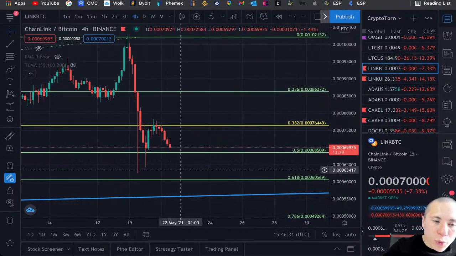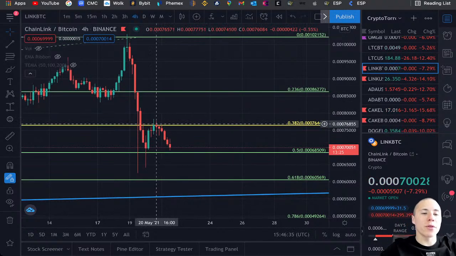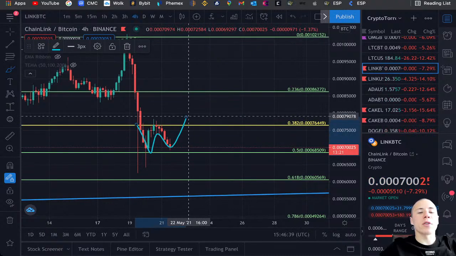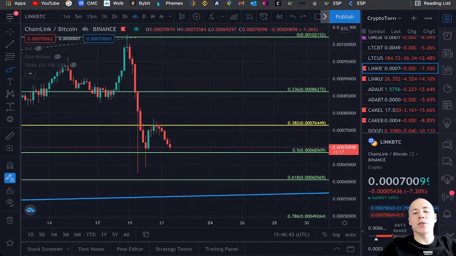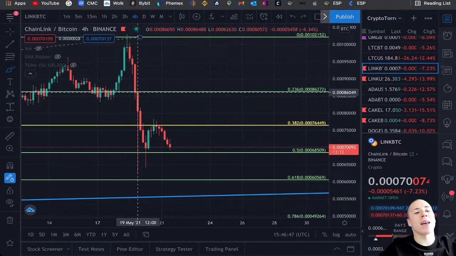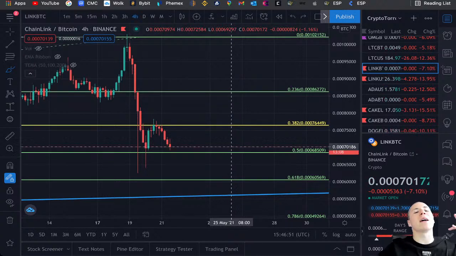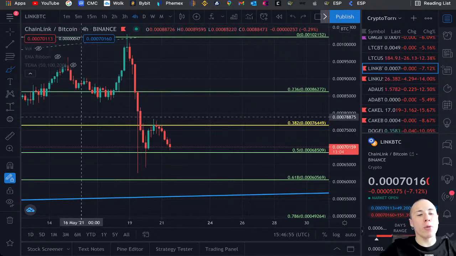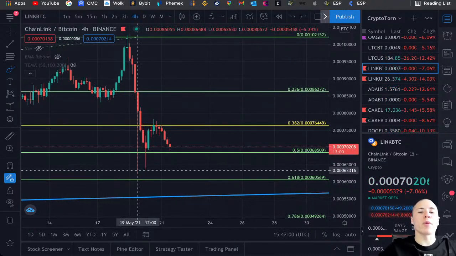So that's what I am curious about, if Chainlink will be able to play out this W structure. So, lots of W structures right now, and it's not because I'm a huge fan of those, but because of what the actual market is telling us right now. And what the market is telling us is that we are seeing lots of clear messages that we are reaching a bottom at these particular levels where we're currently trading.